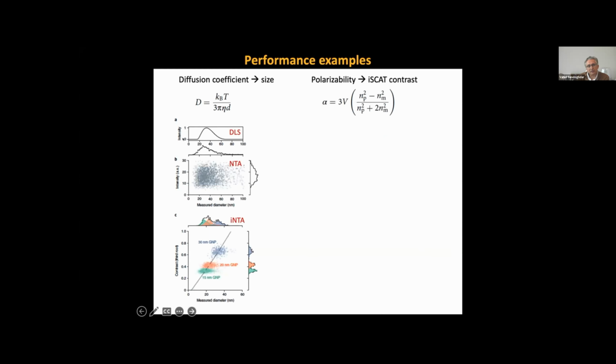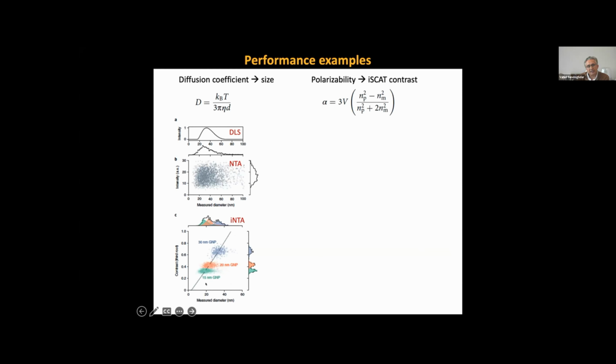Another method that is commercially available and very old is dynamic light scattering. So here is benchmarking. You have some particles that are mixtures of 30 nanometer gold, 20 nanometer gold, and 15 nanometer gold. And in DLS, you would get a distribution that looks like that. In NTA, you would also get a distribution that is not separating these.